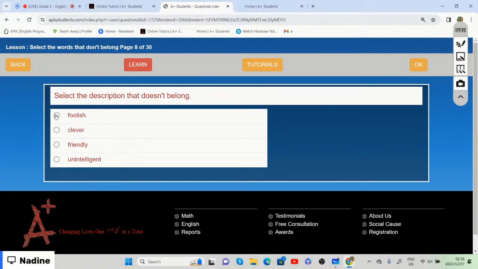All right. We need to select the description that doesn't belong. We have foolish, clever, friendly, and intelligent.